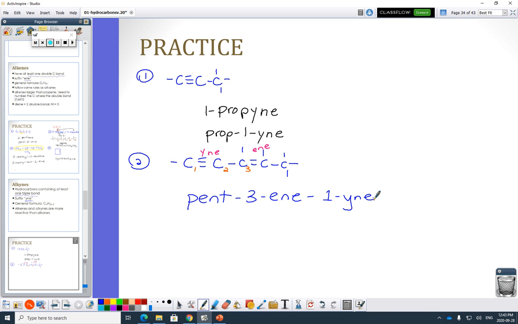Yes? You want to write the parent name twice? The only thing is then it kind of looks like there's 10 carbons. So you could do this. But you can't write the root twice.